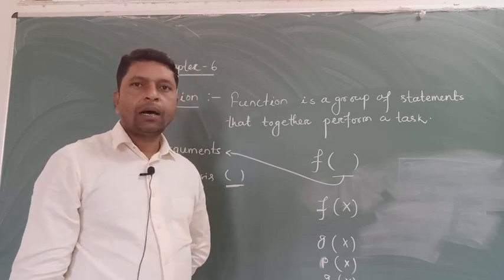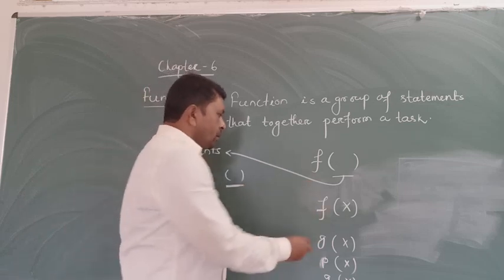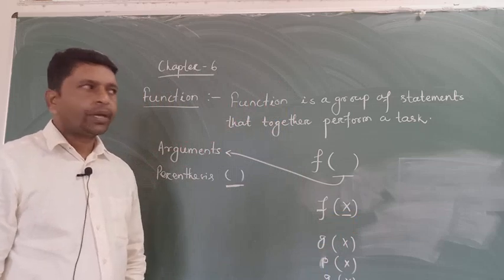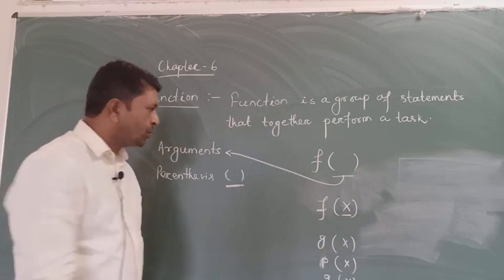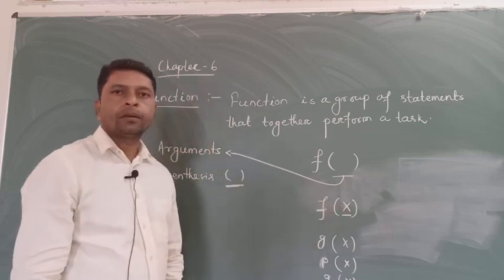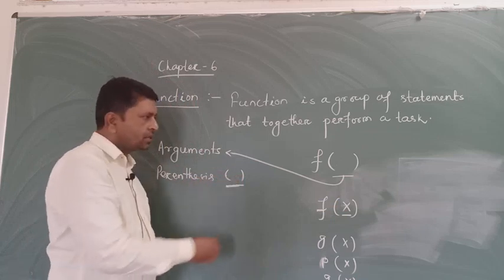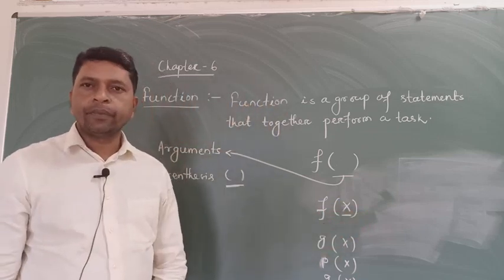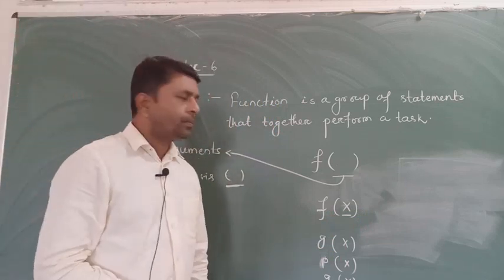So these are all functions we can write like that. Within it, the argument is x; we have to provide some arguments in a function. So here, x is an argument. The brackets we use are called parenthesis. These are some things that we have to know about the function.